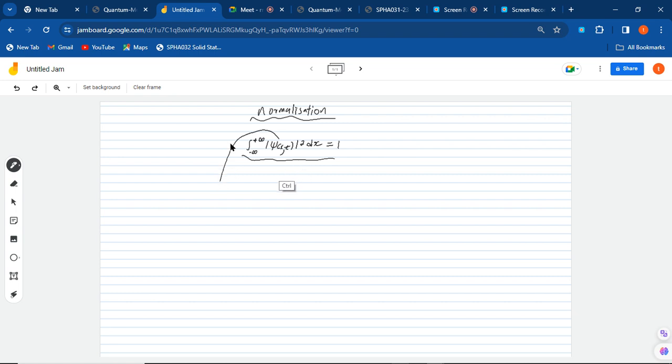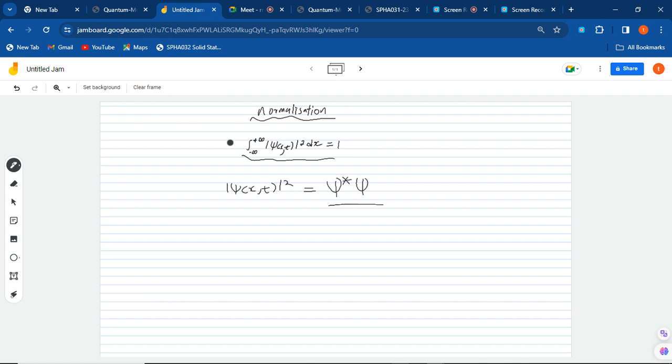Before I do an example, another thing you must know: the wave function ψ(x,t) squared is equal to the wave function star, which is the complex conjugate of the wave function, times the wave function itself. That's another thing you must know.